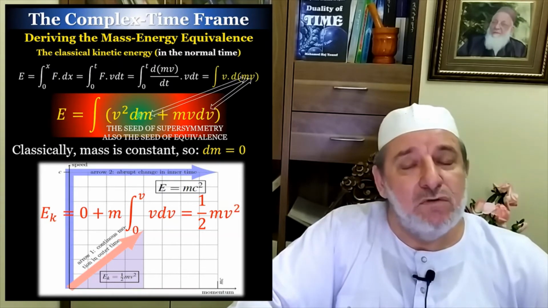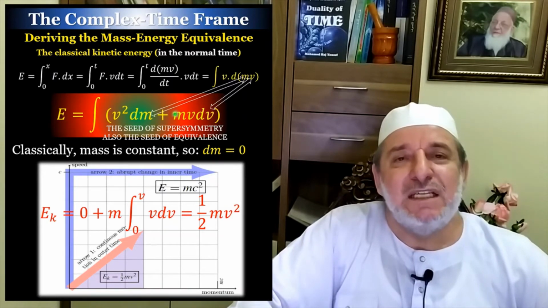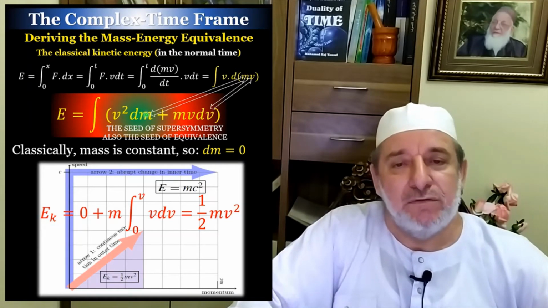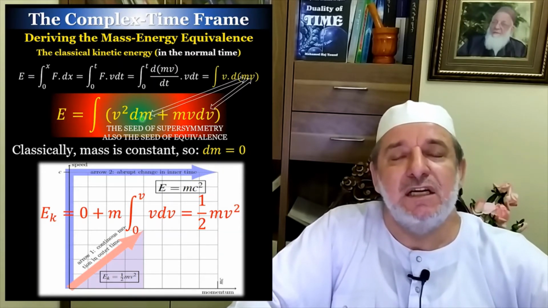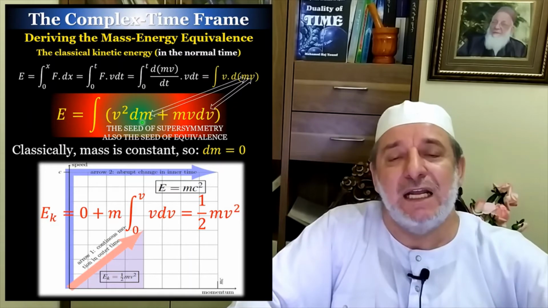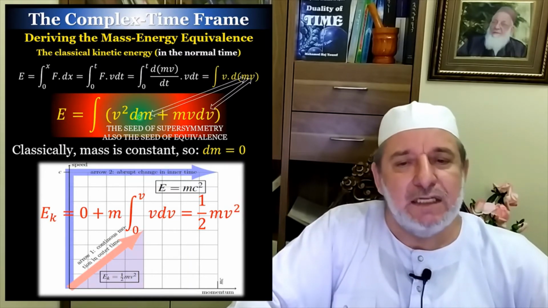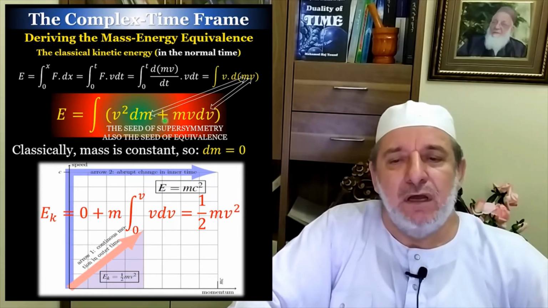However, this is true, but here is actually the seed of supersymmetry, because the reason why this is 0 is that the two terms are going in opposite directions, in the orthogonal direction. And from here we will see that this is really the seed of supersymmetry even in classical mechanics. But for the moment, let's suppose classically that dm is 0, and therefore we have mv dv.